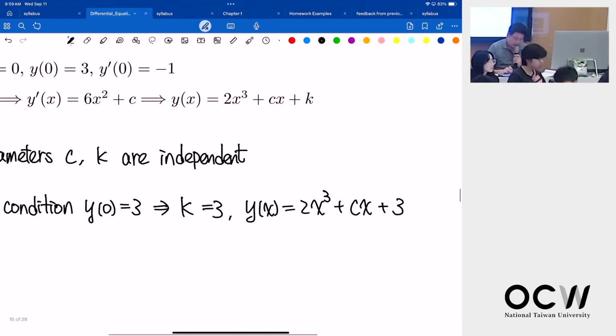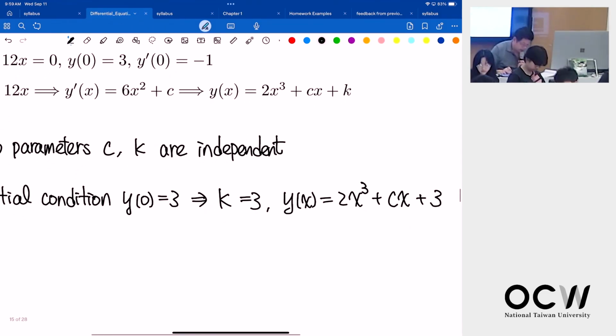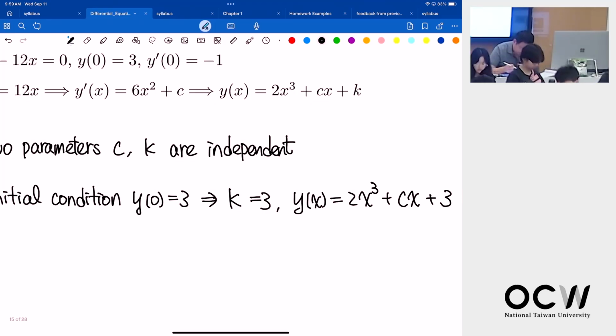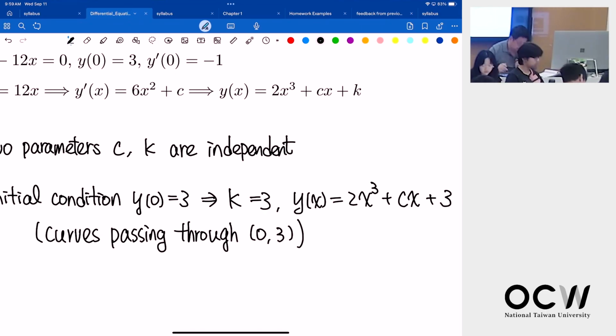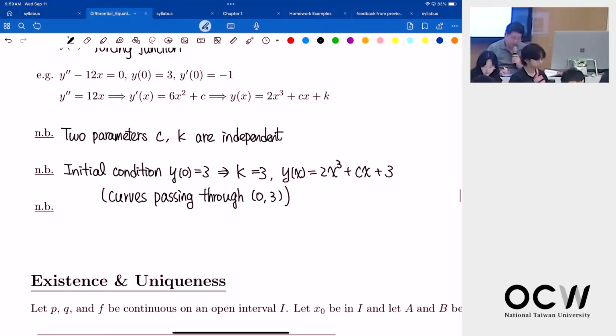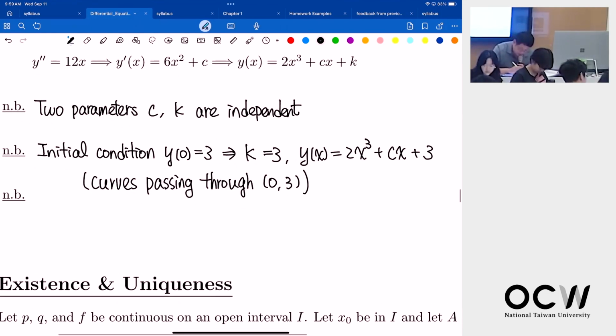And the initial condition y of 0 equals 3, that means I have a curve. Okay, so finally the solution, that's a curve. So this curve will pass through 0, 3. Then how about c? We can use a second initial condition, y prime of 0 equals 1.